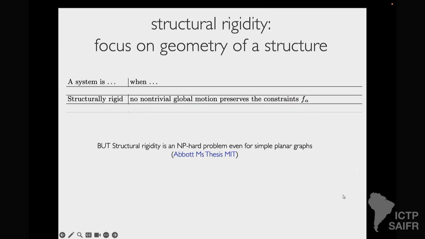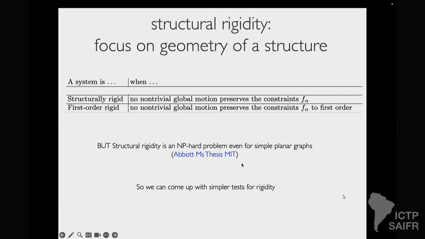The challenge is that structural rigidity, it turns out, is an NP-hard problem, even for simple planar graphs. And I also want to point out to the students in the audience that this was a master's thesis, which is amazing and cool. So the question is, can we come up with simpler tests for rigidity? The obvious one we might think of is what I'll call first order rigidity, where there's no non-trivial global motion that preserves the constraints to first order.